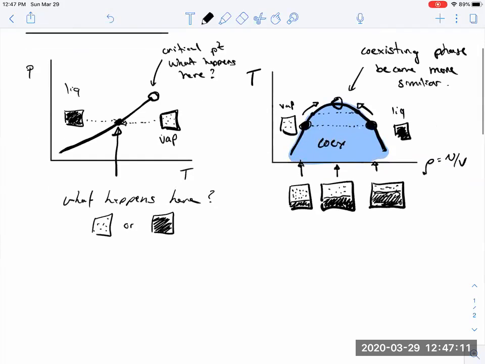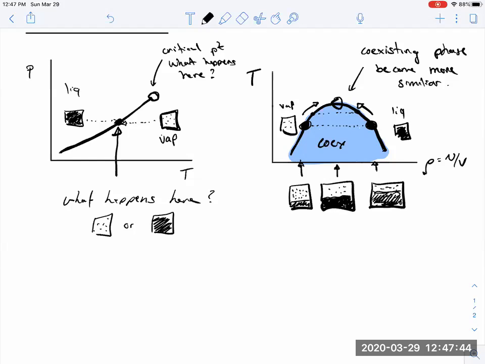So if the two phases become the same, what does that mean for what the system looks like? Well, the reason why the liquid separates away from the vapor and forms this interface we discussed before is that the liquid enjoys energetic attractions that cause it to condense. The vapor enjoys a large entropy. That interface was unfavorable, but as those two phases become more and more similar, what do you think happens to the surface tension?